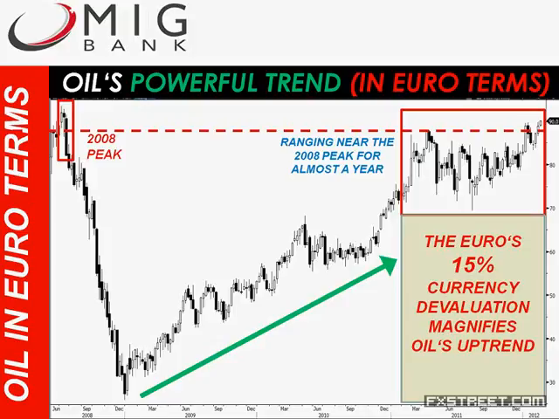It also tells you something from a macro perspective, that the European nations are likely to have a lot of pressure from existing oil prices because their currency is that much weaker. And so from an importing perspective, their purchasing power is slightly weaker because the currencies are losing value day by day.